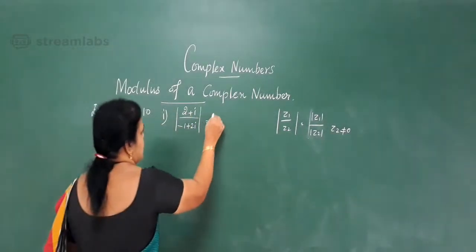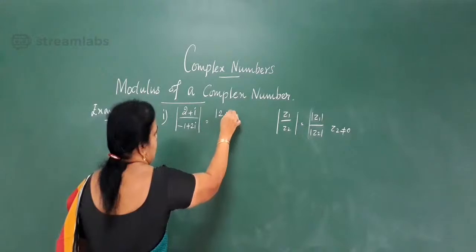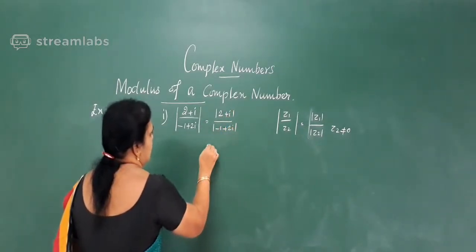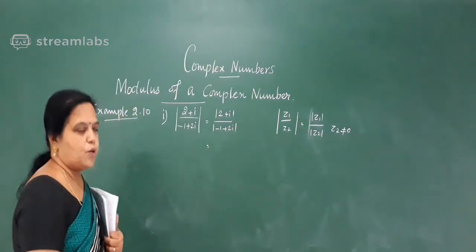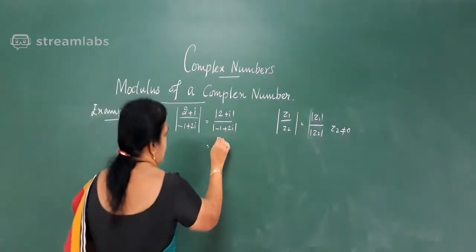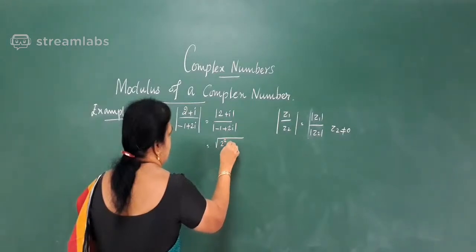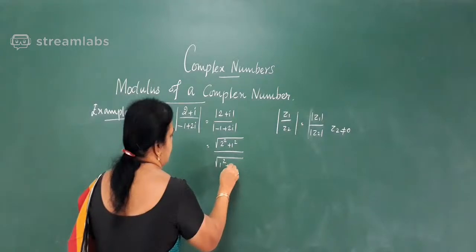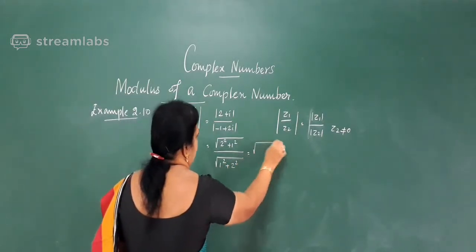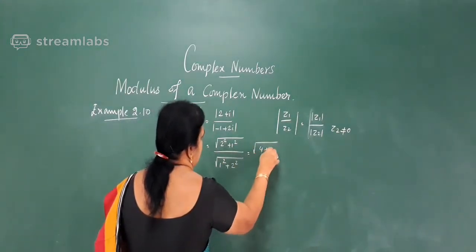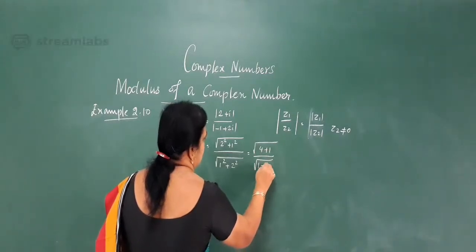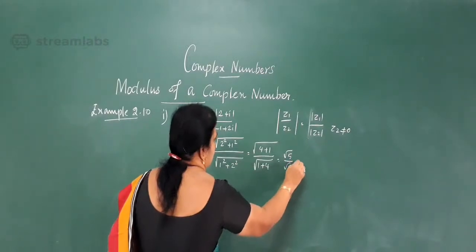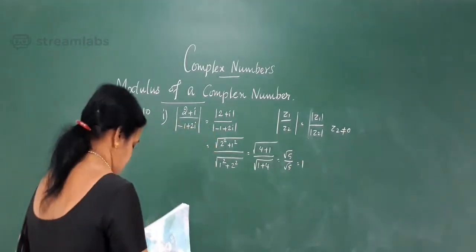So you just write that modulus separately. Now you find the value of modulus. What will come? Root of 2 square plus 1 square by root of 1 square plus 2 square. Root of 2 square 4 plus 1, by here 1 plus 4. Root 5 by root 5 is equal to 1.